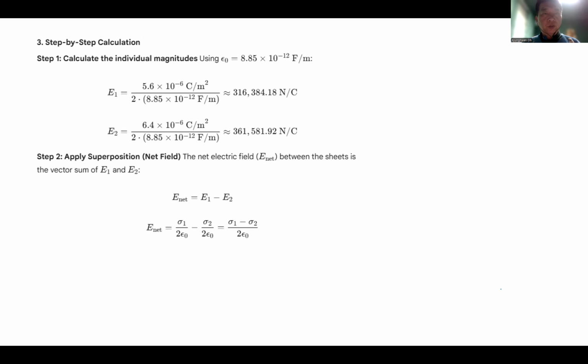Calculate the individual magnitude from the formula sigma over 2 epsilon naught. So you get this one and this one, and one of them should be in the opposite direction, so it should be minus. Then you get this one.